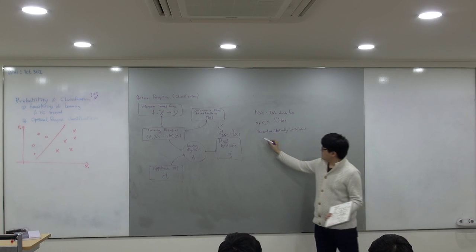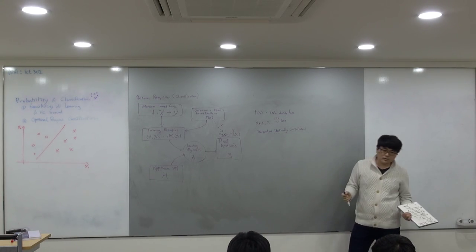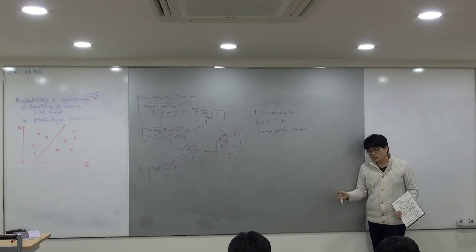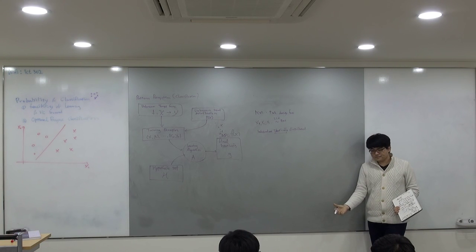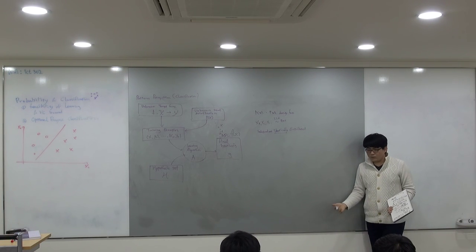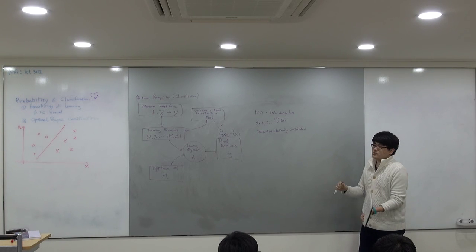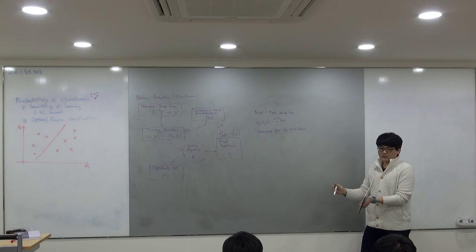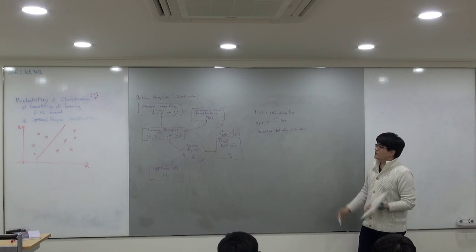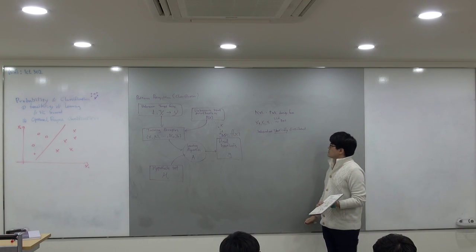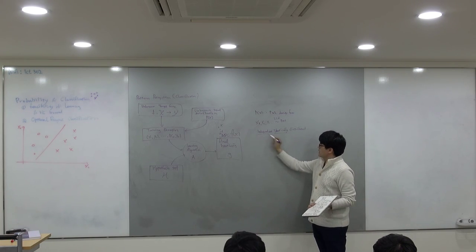And independent means that if you toss coins multiple times, your first outcome will not change or affect the second or third coin flips. So that's what independent means.